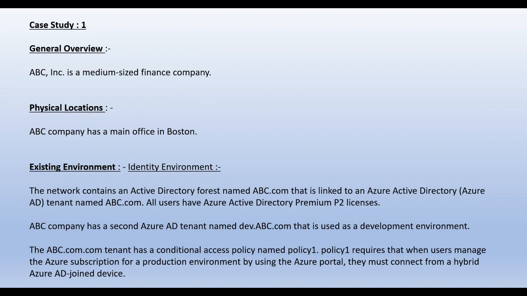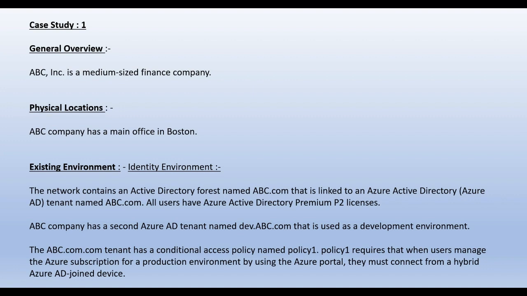General overview: ABC Inc. is a medium-sized finance company. Its physical location is in Boston. Existing environment: the network contains an Active Directory forest named abc.com that is linked to an Azure Active Directory tenant named abc.com. All the users have Azure Active Directory Premium P2 licenses. ABC company has a second Azure AD tenant named dev.abc.com that is used as a development environment.